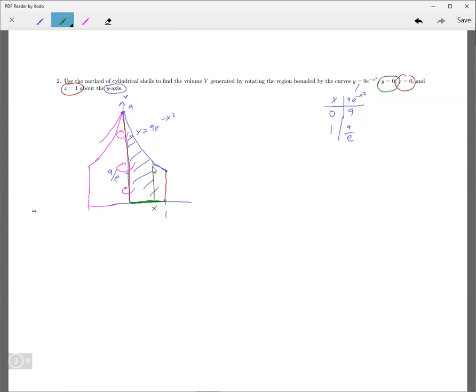So we'll pick out a typical x value and see what happens as we rotate that around. As we rotate that around, we get a cylindrical shell.